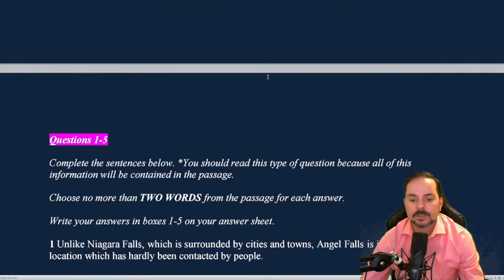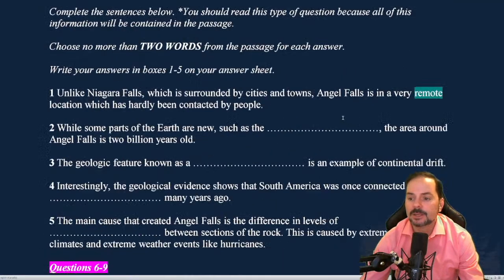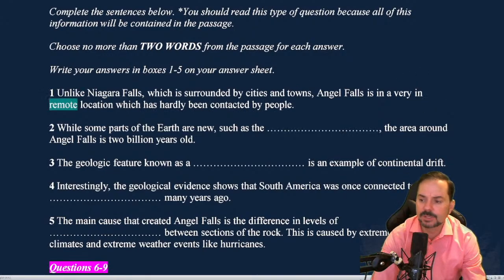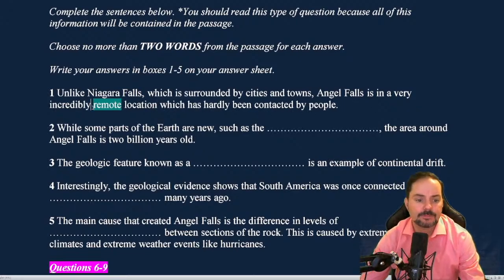So here the question says Angel Falls is in a very remote location. Should I add the word incredibly here? Is it good for me to add incredibly remote here? What do you think will happen if I do that? Because it says no more than 2 words.